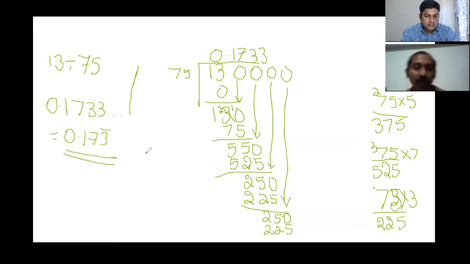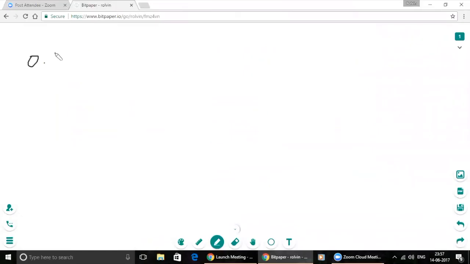Now how to convert this back to a fraction? Let me take some examples, and we'll see how these repeating numbers, rationals, can be converted back. Let me take an example of 0.3, where 3 is repeating, which is nothing but 0.333, and it goes on. How to convert this to a fraction?